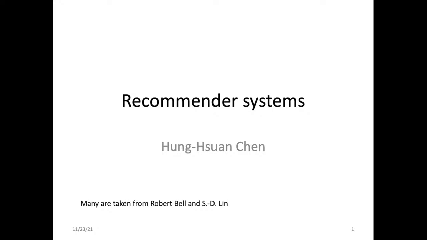For most of this semester we have talked about supervised learning, and this problem doesn't really look like a supervised learning problem. But it turns out that after some sort of modeling, we could leverage the techniques we learned so far to solve this problem. So that's the first reason I want to introduce this.